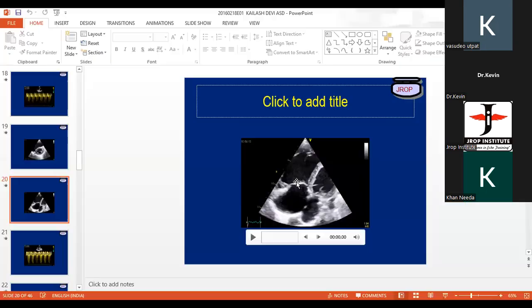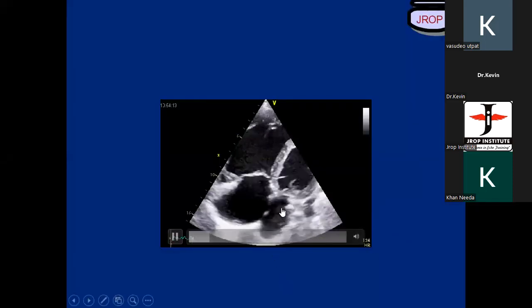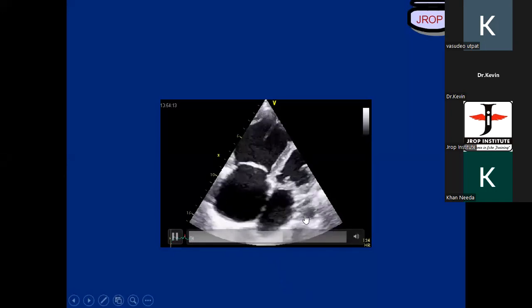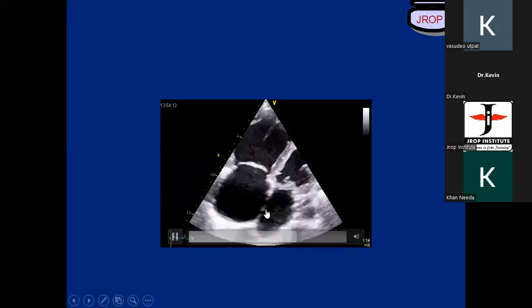If you can't see an atrial septal defect in the subcostal window, what do you do? Either we do a contrast or we switch over to color Doppler. And when we do that, this is known as the atrioventricular and atrial view, and this is the side of the defect which we mentioned.